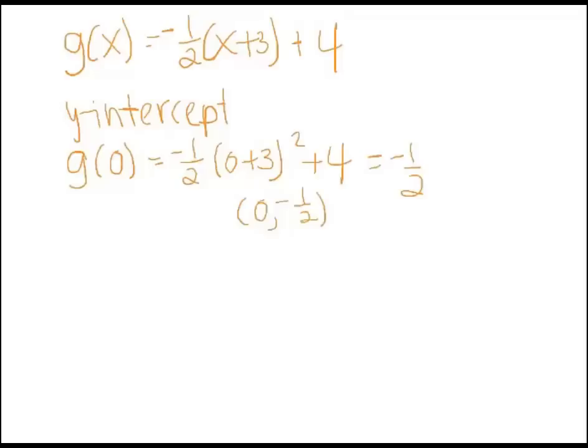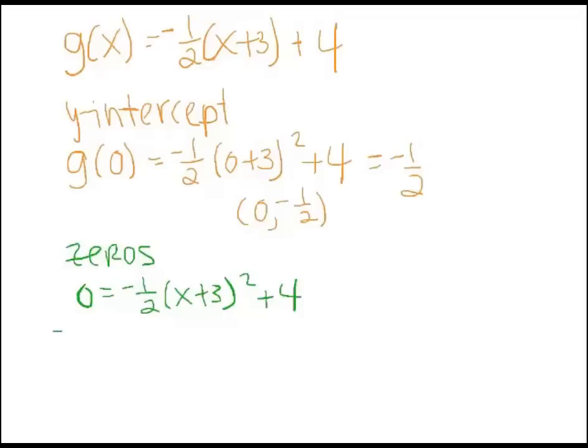Now if I want to find the zeros, that's just where the graph crosses the x-axis. That means that the y value of those points is 0. So if I solve that, I subtract 4 from both sides. Then I get rid of the negative 1/2.